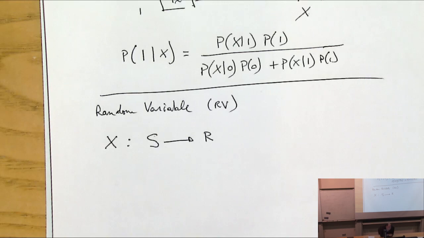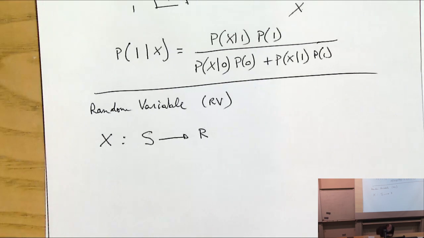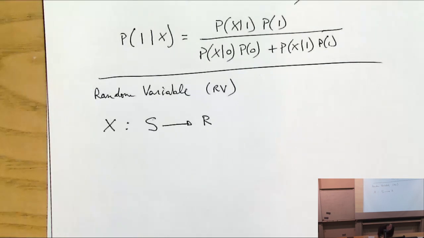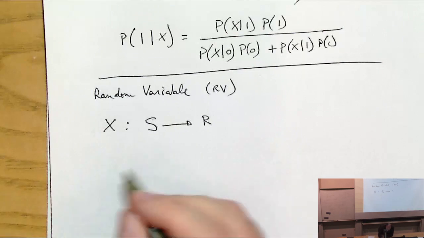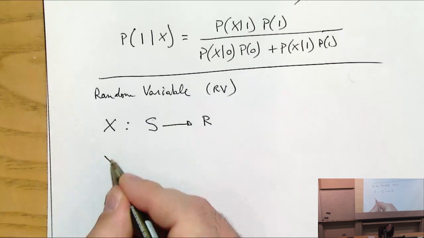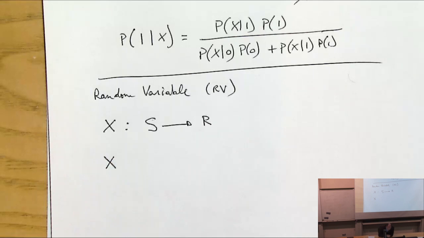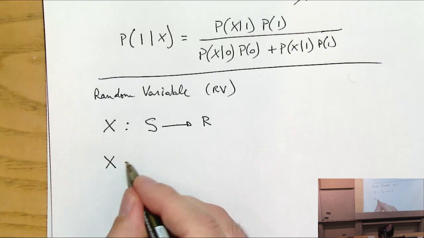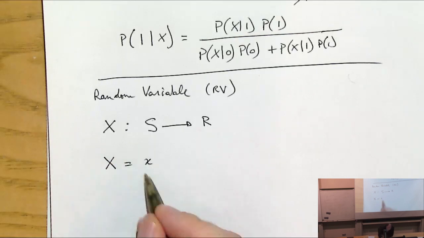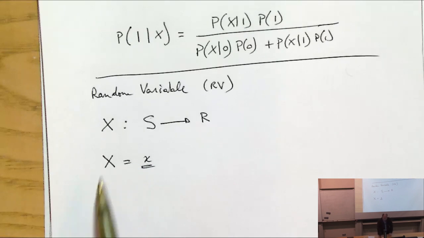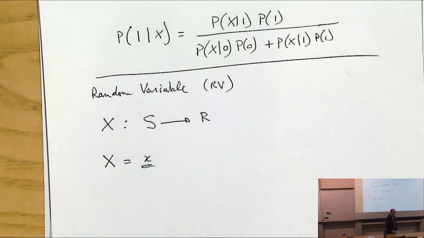That's what a random variable is. So this random variable can take multiple values. When I write that a certain random variable X takes a certain value, I'm writing, for instance, X takes this value small x. So X is the random variable. Small x is essentially the value that this random variable can take.